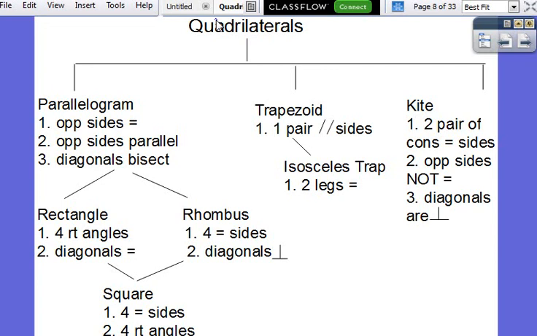If I think it's an isosceles trapezoid, in order to be an isosceles trapezoid, it had to be a trapezoid first, and a trapezoid is still part of quadrilaterals. If you think it's a square, if it's a square, it has to be a rectangle and a rhombus, and both of those are parallelograms, which is still quadrilateral.